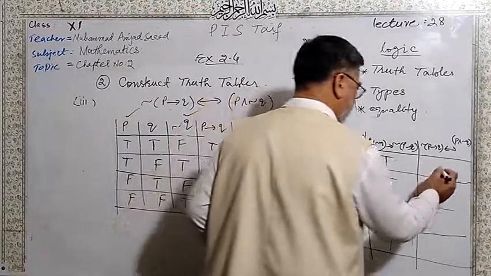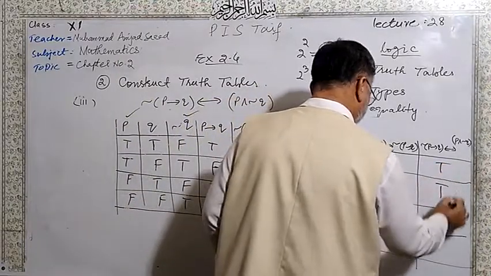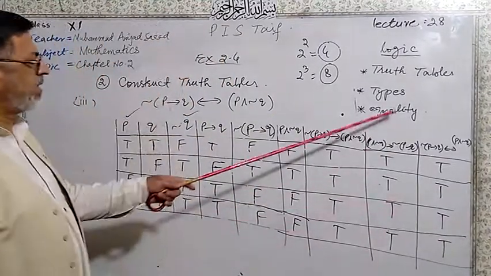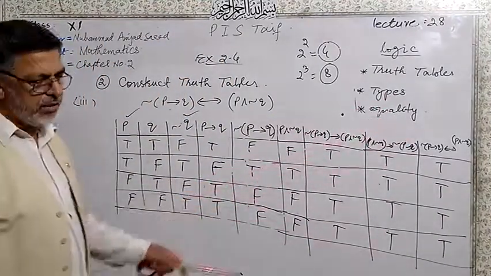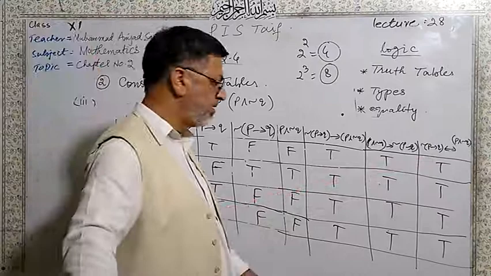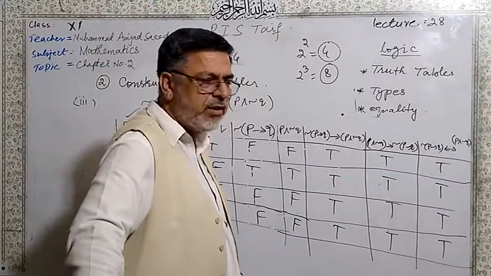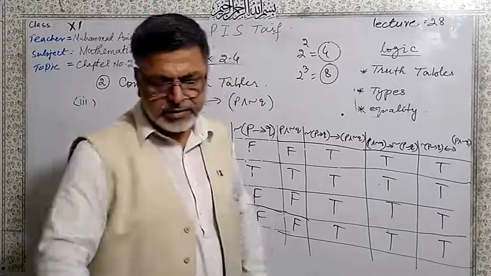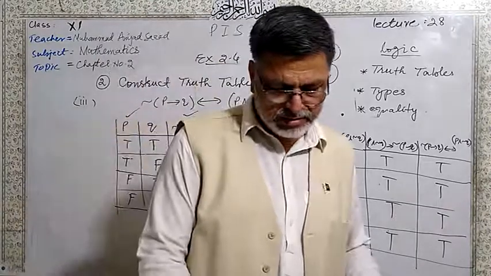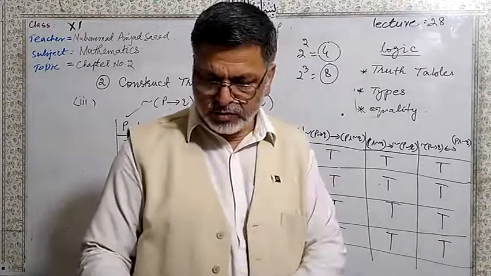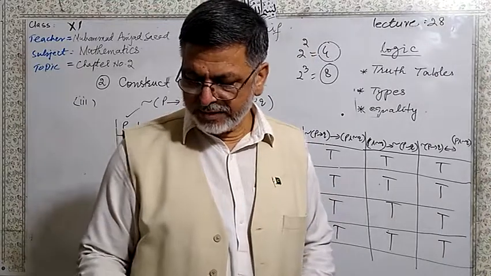Combined result: T, T, T and T. Dear students, you can check the last column. Your end product is that all the column is true, a tautology. That's your last truth table with that one.